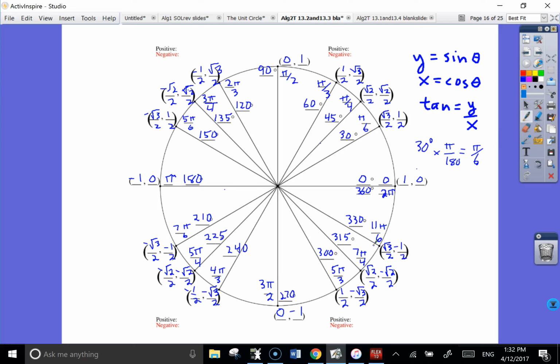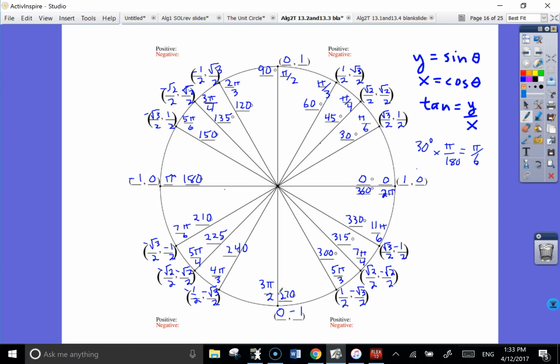What if I said, what is the sine of negative 90 degrees? Is negative 90 on there? But it's coterminal with which angle, which is here? 270, right? Negative 90 would take you just straight down. So the sine of negative 90 would be negative 1.